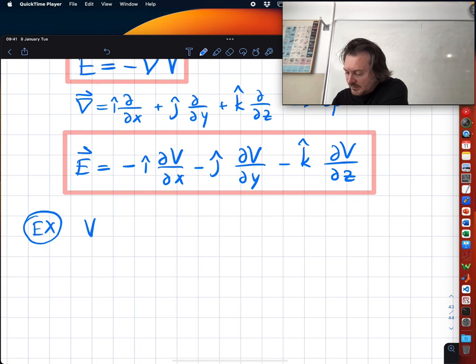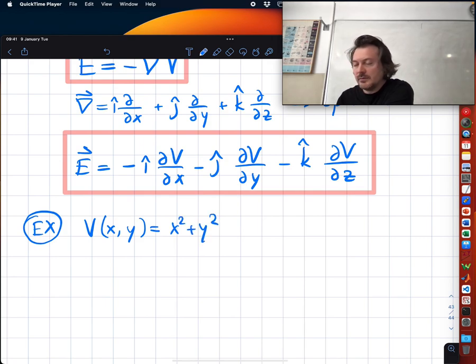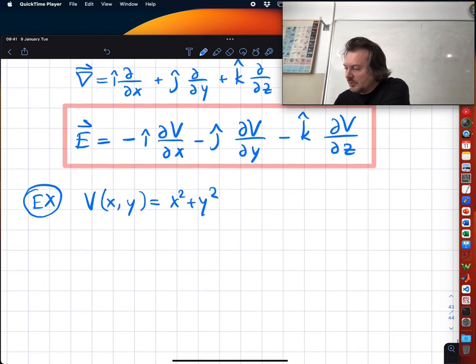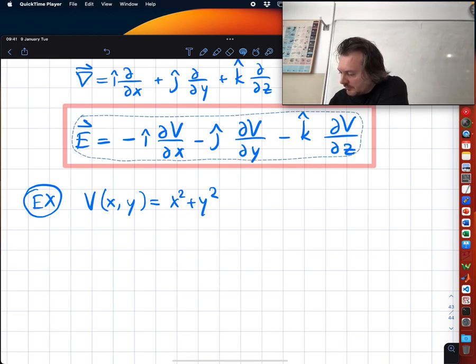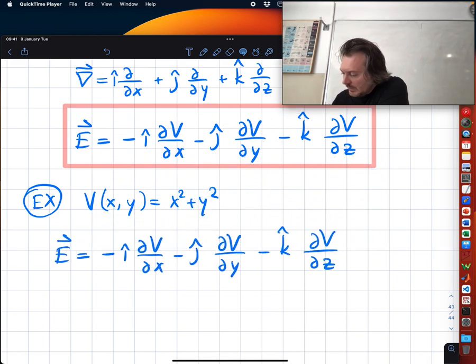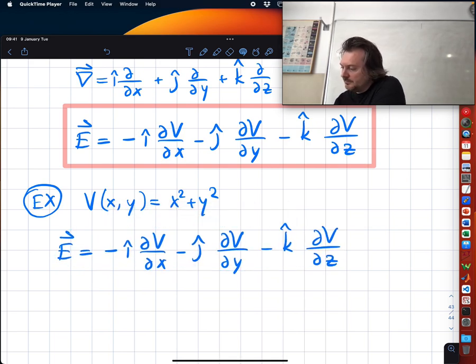Example. Let me say I have given you a potential that depends on x and y, like this. Find the electric field at every point on x and y. So you use this formula. Let me not rewrite it, but instead I will just duplicate it. What do I need? I need del V over del x.